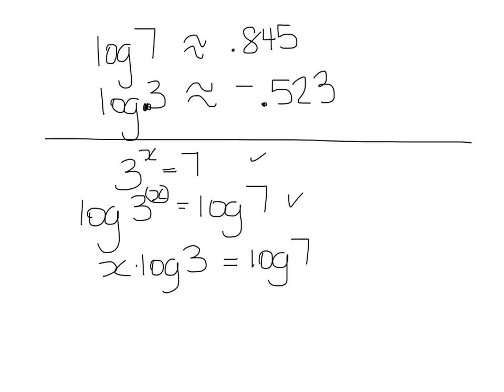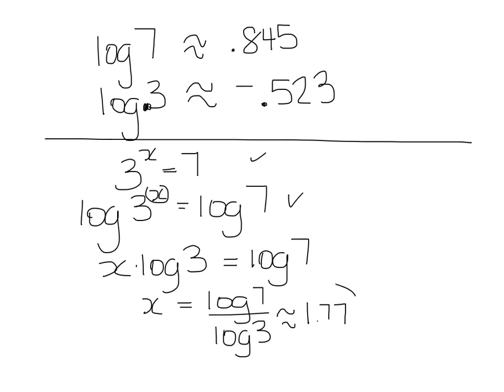This was times, so I'm going to divide both sides by log 3. I have log of 7 over log of 3, and I can do that on my calculator. So I'm going to pull my calculator out, hit the buttons, and I'm going to come up with a value for this, 1.77. So that's my approximate answer. So how sweet is that, okay?